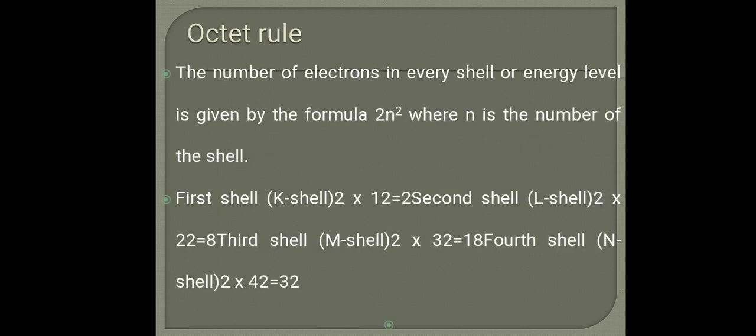Octet rule. The number of electrons in every shell or energy level is given by the formula 2n square, where n is the number of the shell. First shell, K shell, 2 into 1 square is equal to 2.